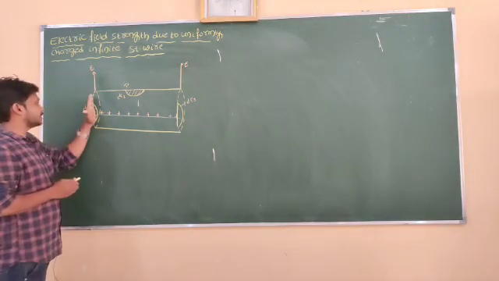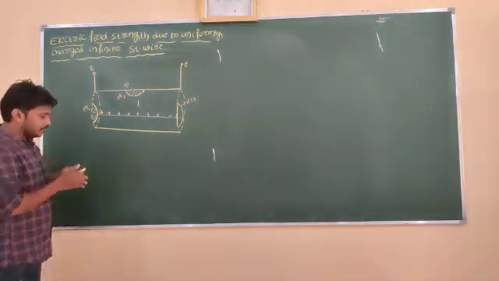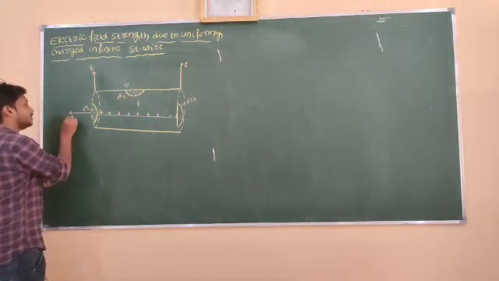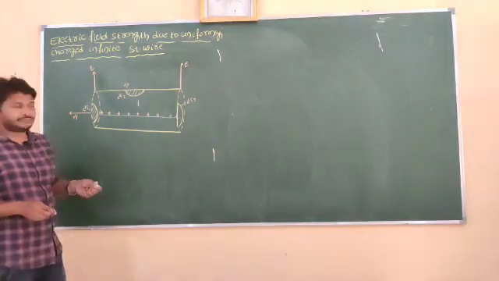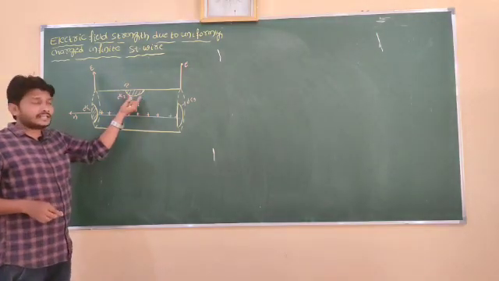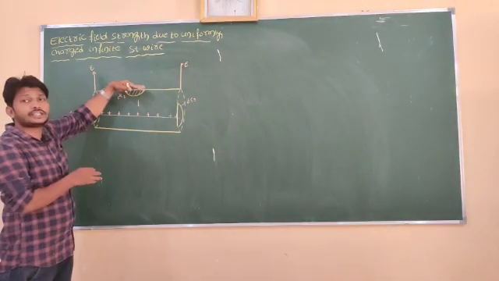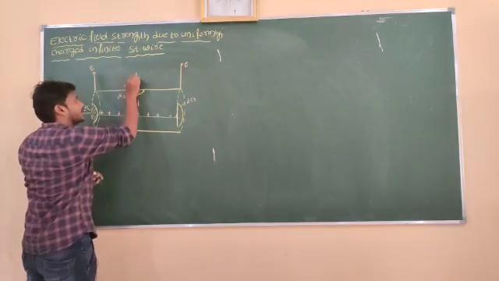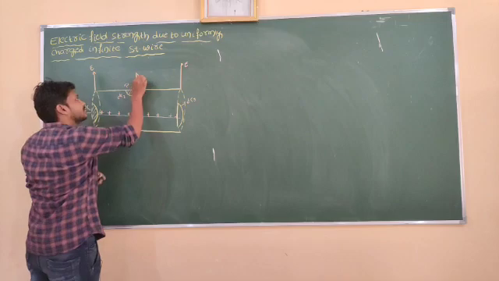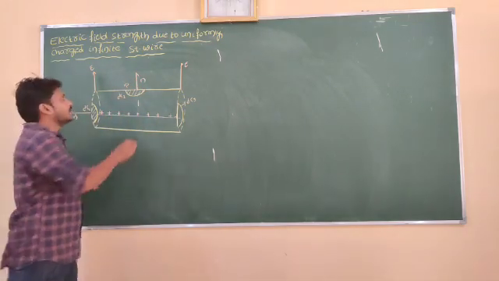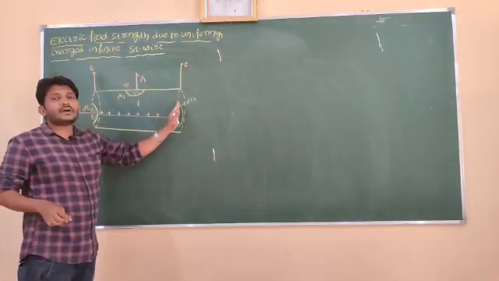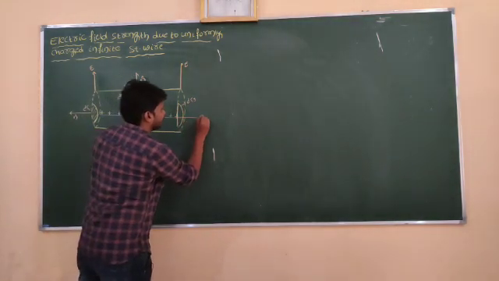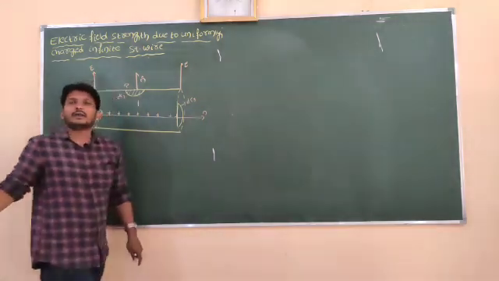This is the normal line for the first surface. For the second surface, this is the normal line, and similarly for the third surface, this will be the normal line.